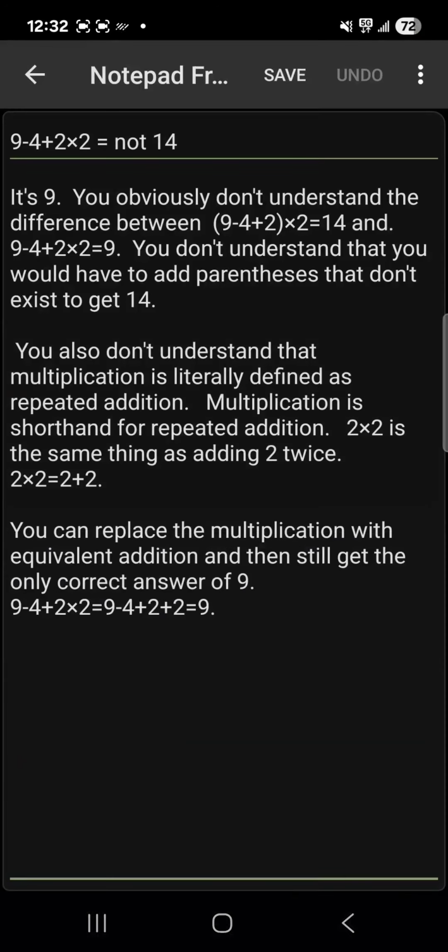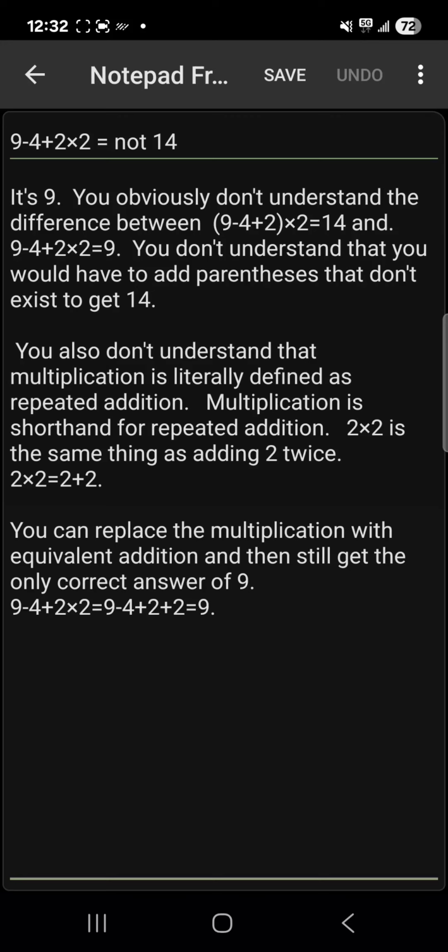First of all, let's talk about the answer of 14. I'm seeing a lot of people answer 14. There's a lot of excuses out there like, well, old school math says 14. I grew up before computers, so it's 14. I've heard just about every excuse, but the correct answer is 9.